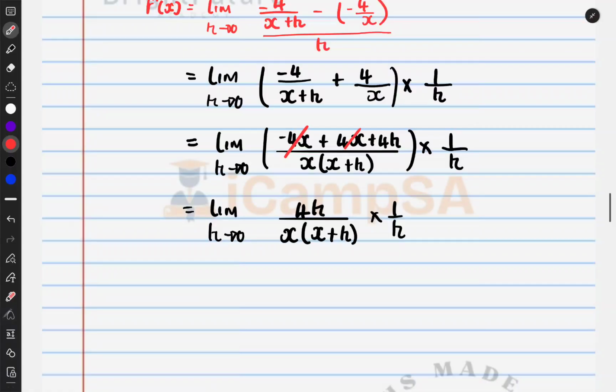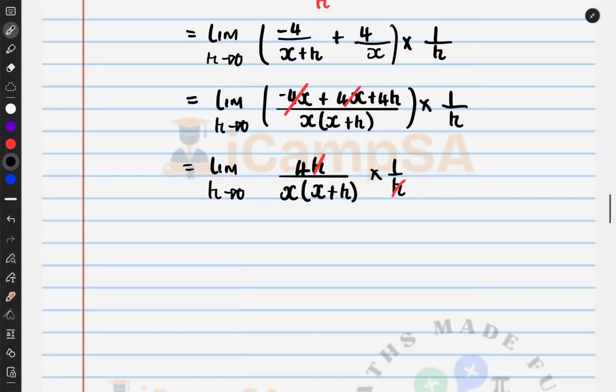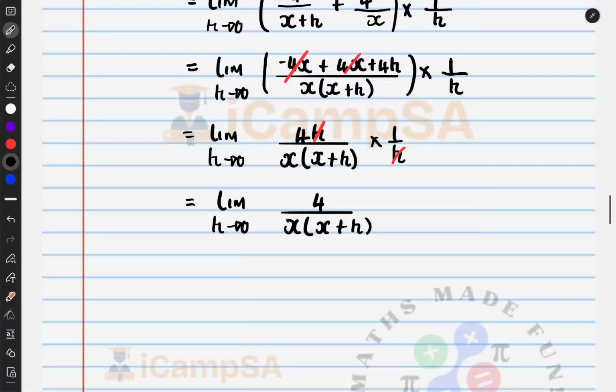So basically the h in the numerator will cancel with this h. Therefore the limit now, as h approaches 0, of 4 over x into x plus h. Okay, so once we are here, we're now only left with one h.